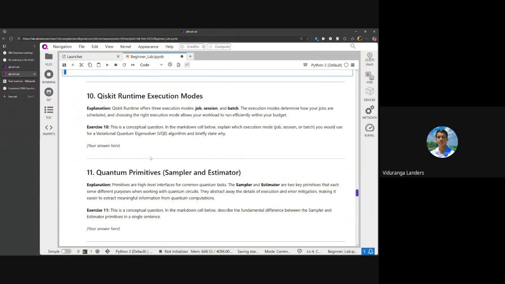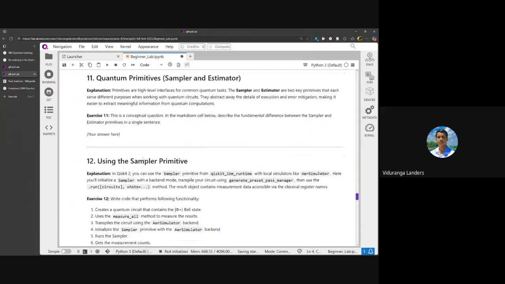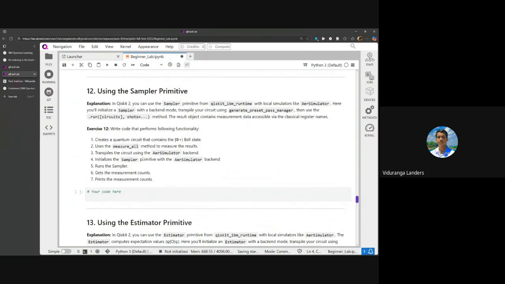Not in my session, but this session. So I'm not going to go into details about this because this is not just quantum computing. It's about the Qiskit SDK and some specific functionalities that they have. So you can refer to the documentation and using the sampler primitive. And yeah, we did this before, so it is the same as before.